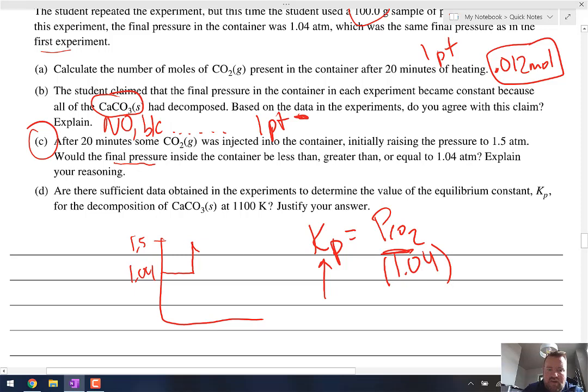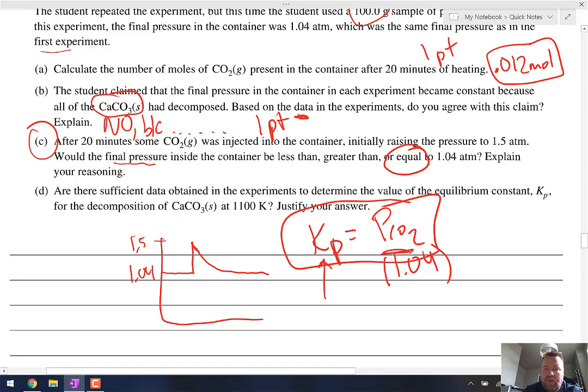So this pressure here has to drop all the way back down to 1.04 so that the equation can remain true. Okay, so would the final pressure inside the container be less than, greater than, or equal to? It will be equal to.